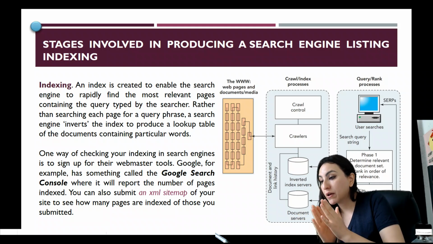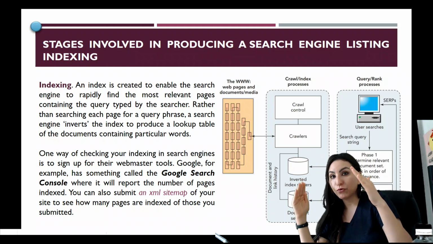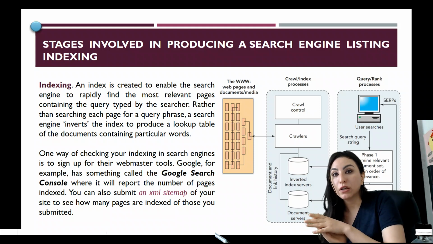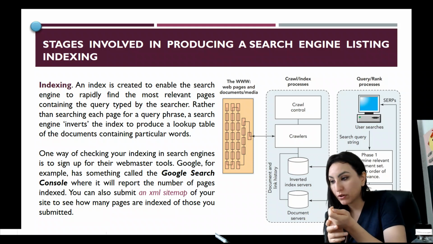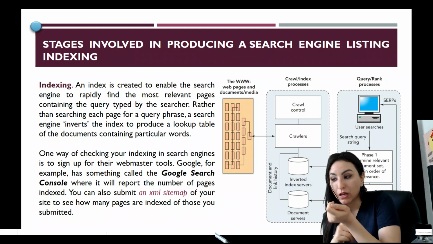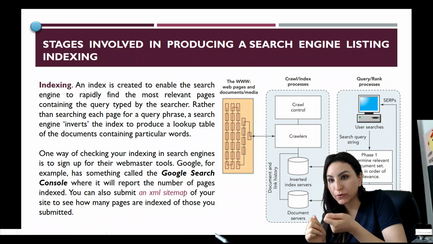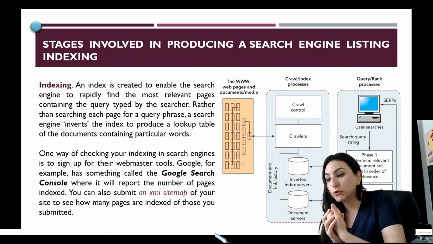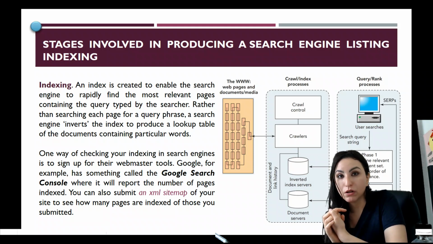Rather than searching each page for a query phrase, a search engine inverts the index to produce a lookup table. This is why we call it an inverted index. So a search engine inverts the index to produce a lookup table of the documents containing particular keywords.